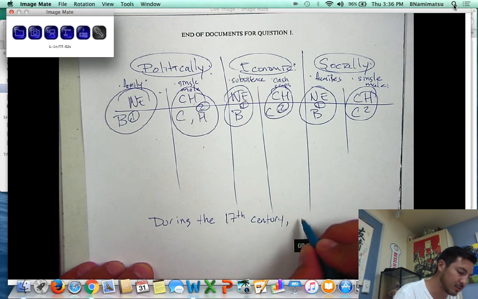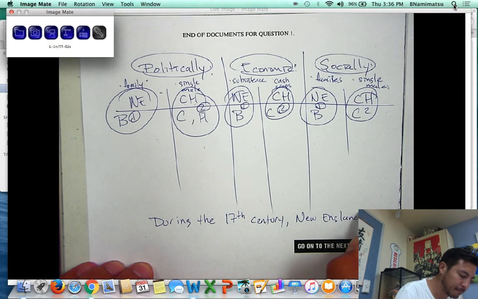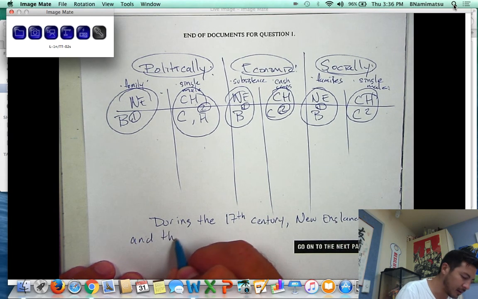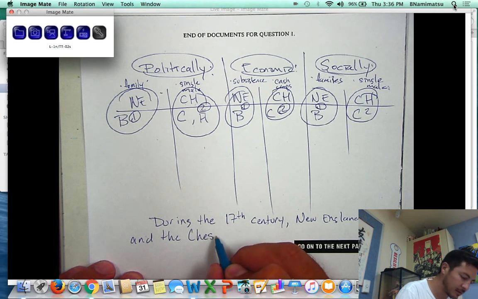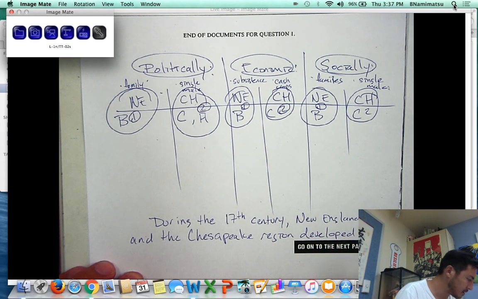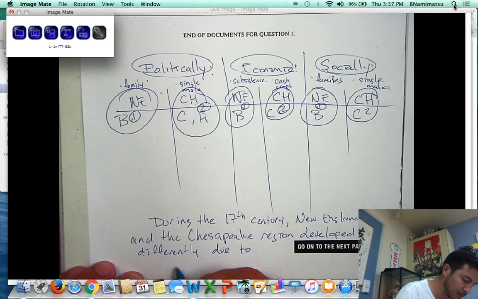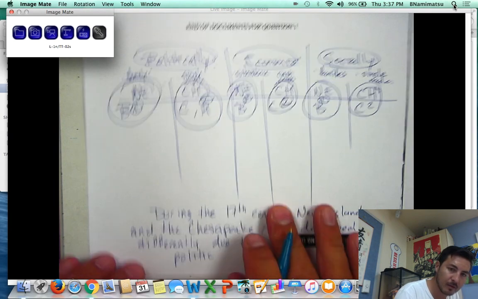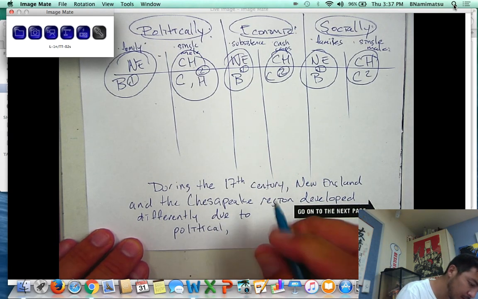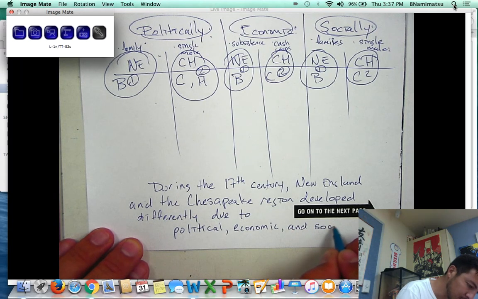During the 17th century, New England and the Chesapeake developed differently due to political, economic, and social reasons.